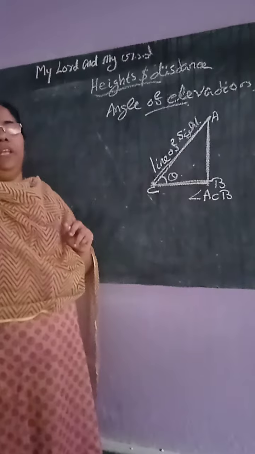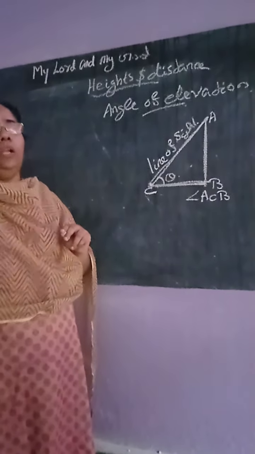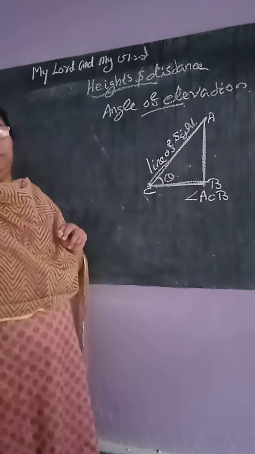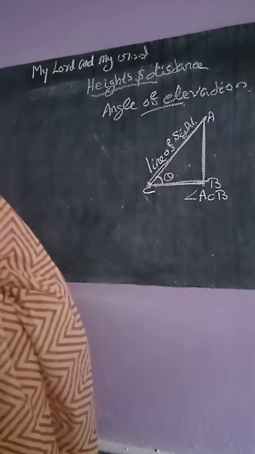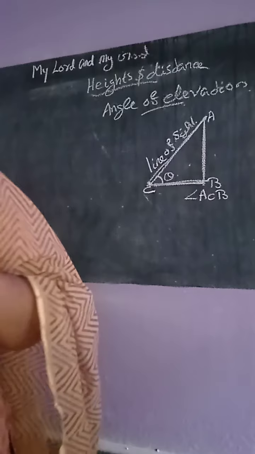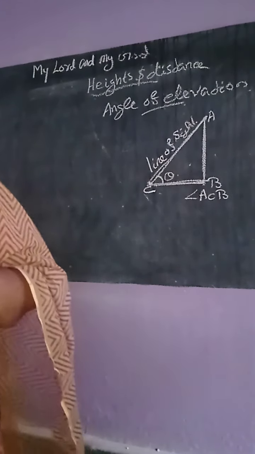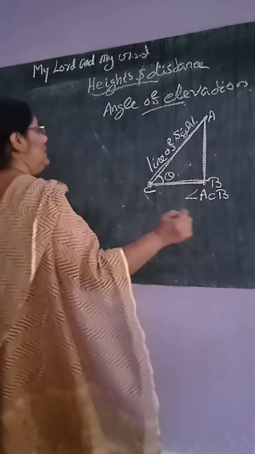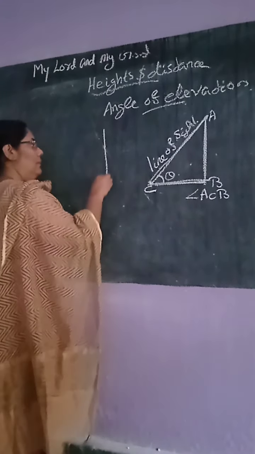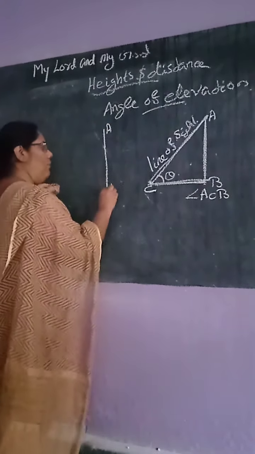Then the second one is angle of depression. Right. Angle of depression. Now listen. AB is the tower.